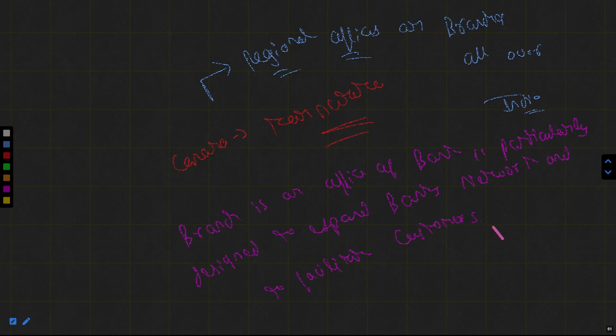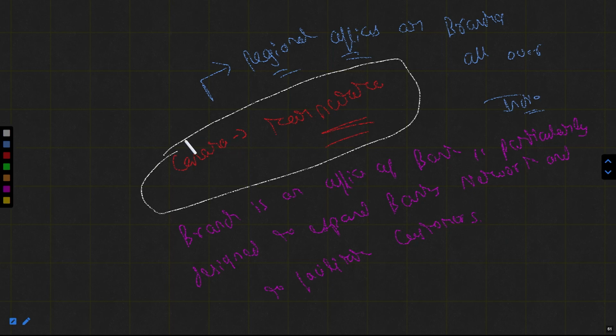So there are two main reasons. The first is expanding the bank's network, which means Canara has customers not only from Karnataka but also from other states. So first, it expands the bank's business, and second, it facilitates the customers.